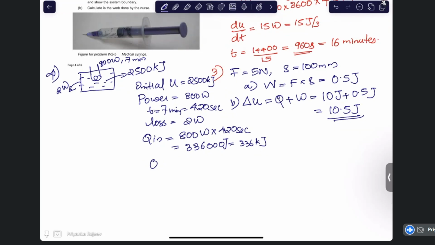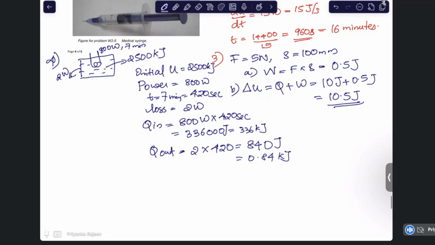Now Q out, or Q loss, is calculated over the same time. 2 watt times 420 seconds is equal to 840 joule, that is 0.84 kilojoule.